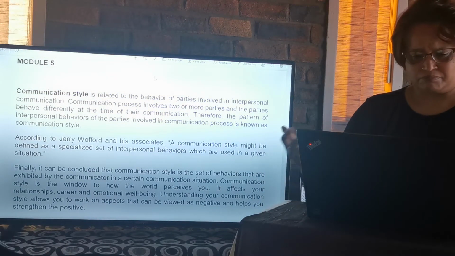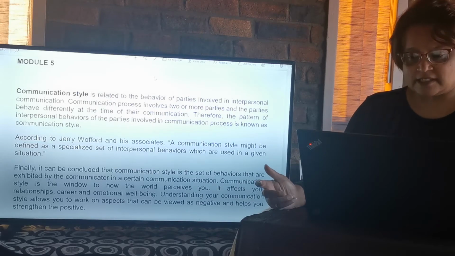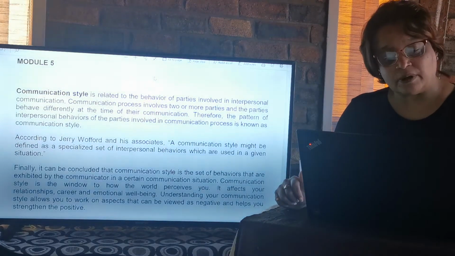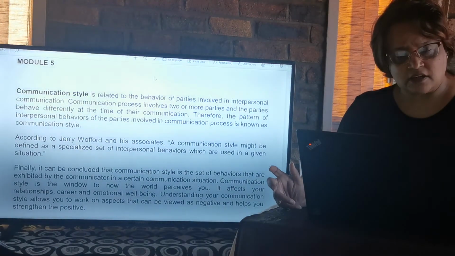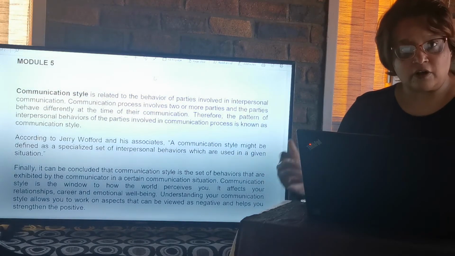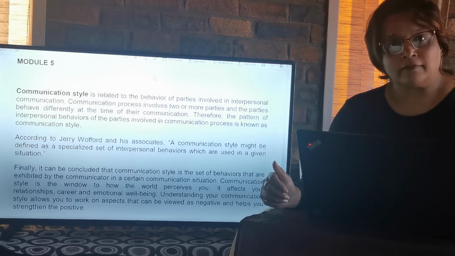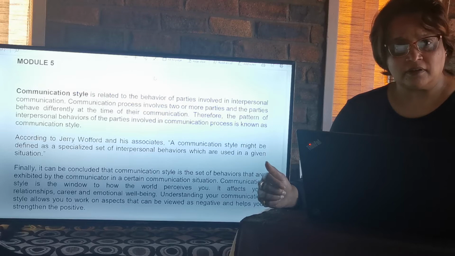There's certain big names here, Jerry Wofford, that says a communication style might be defined as a specialized set of interpersonal behaviors which are used in a given situation. Yes, because when I transmit information via video, I'm going to be somehow formal and then crack a joke or do something in between.